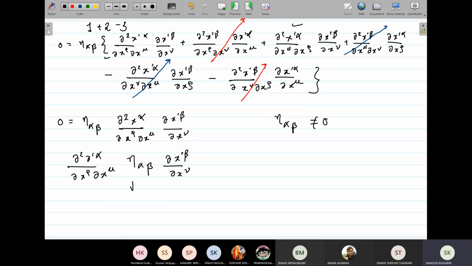This is matrix version of this. You denote this as some kind of matrix. What kind of matrix will it be? It will be third order. It will be like this: A alpha rho mu. Then this eta.